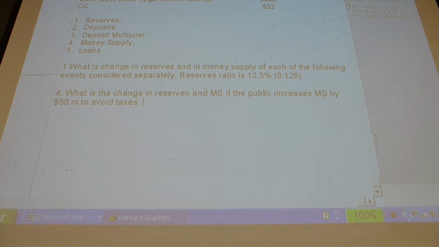So it can deal in terms of cash, so it can avoid tax. What is the change in reserves? You, the public, are now holding 50 million more in currency in circulation. What is the change in reserves?